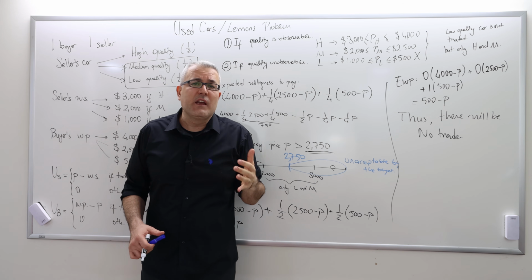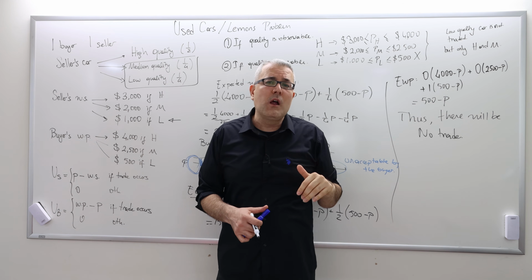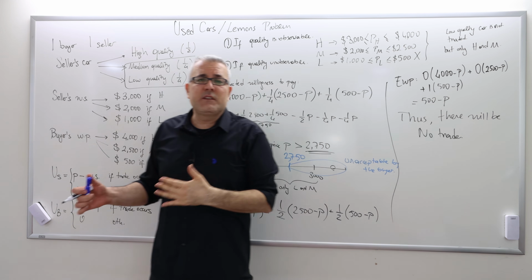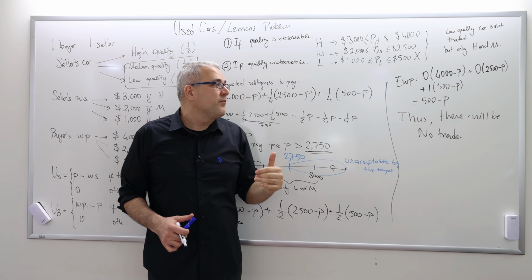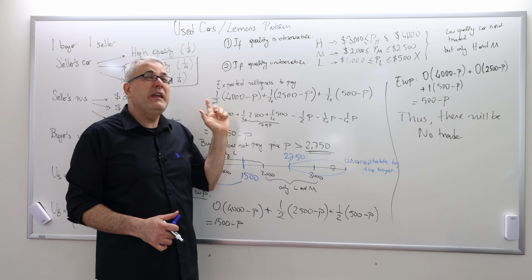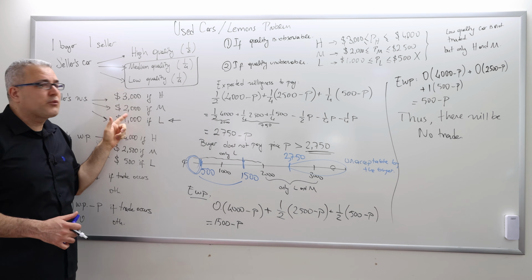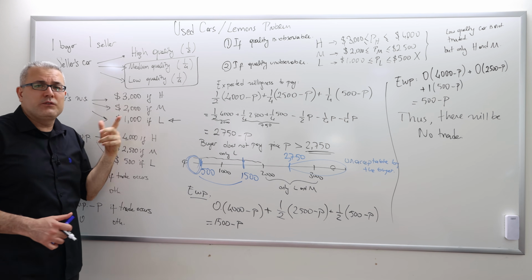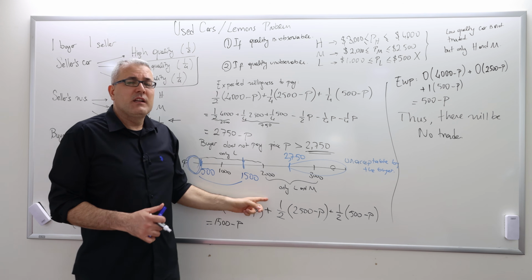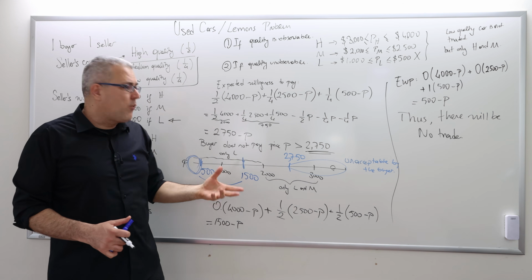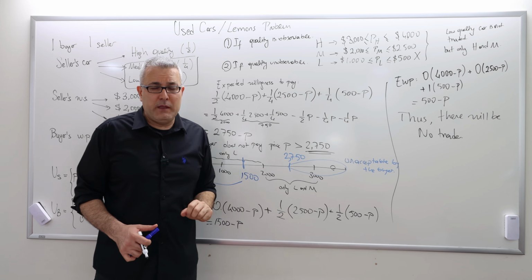The reason is he would like to sell it at a price of $3,000 or more, but the problem is the buyers are not willing to pay that much. Or the medium quality car owner is willing to sell his car at a price higher than or equal to $2,000, but again, the buyer does not want to pay more than $1,500 if it's only the low type or the medium type.